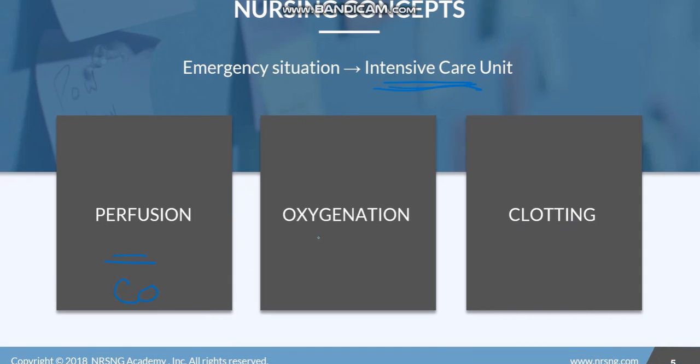Then, because these patients are at risk for airway and breathing issues, we want to monitor their oxygen status and intervene as necessary, maybe give O2, or they might actually even need to be ventilated. And then I added clotting because this condition might be caused by a PE or an MI, both of which are clots in either the pulmonary vasculature or in the coronary arteries. So we need to consider the interventions related to managing those conditions as well.